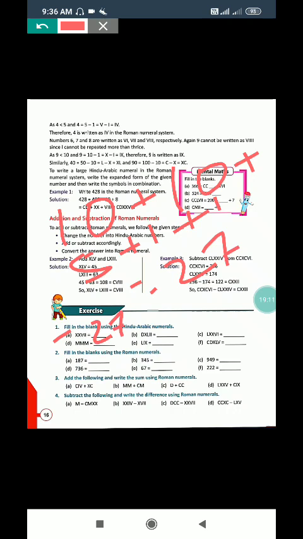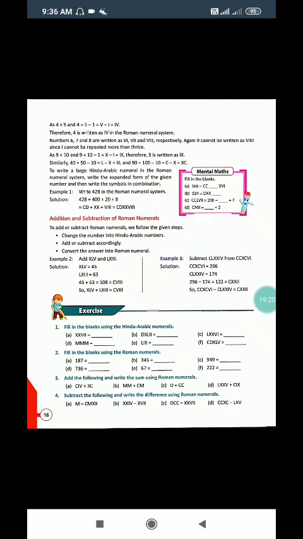Okay. Now we will take an example of this one, the last one I am saying, this one: CDXLV. What is the value of this CDXLV?